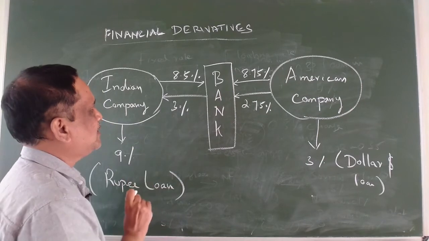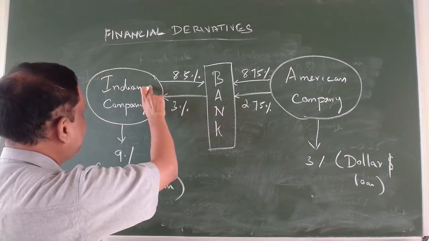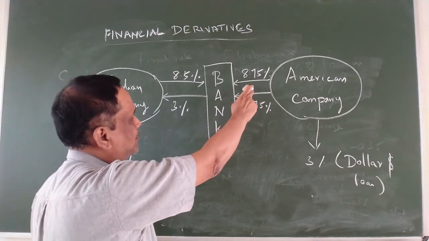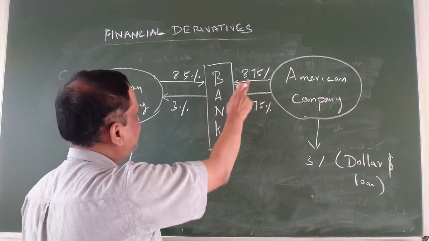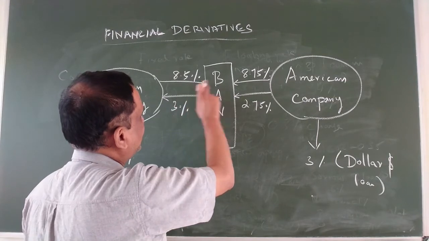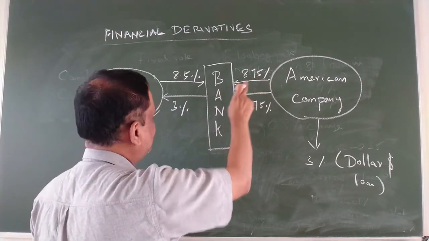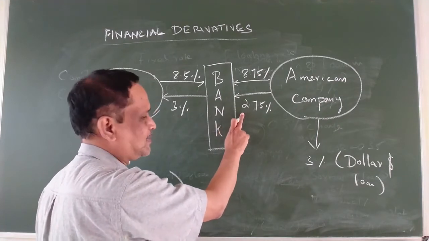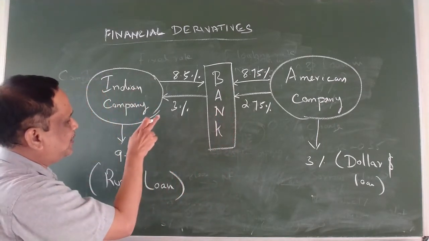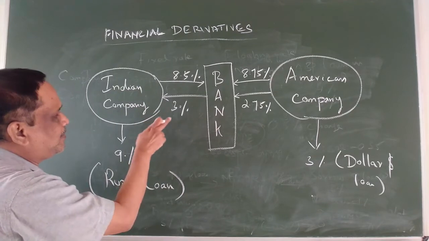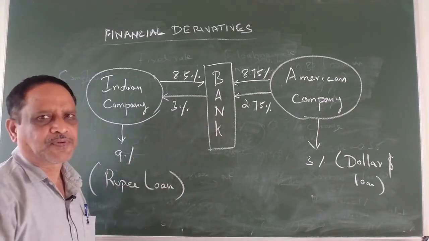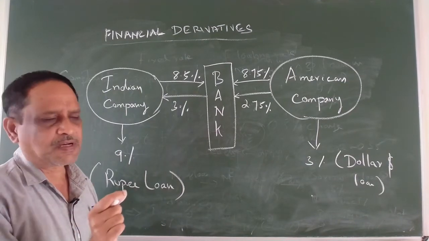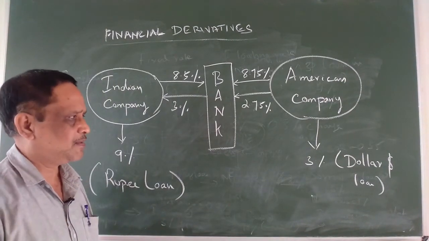See, in the case of the bank, they are taking the rupee loan at 8.5 percentage and lending it to the American company at 8.75 percentage. Here they gain 0.25 percentage, and in the dollar loan they get it at 2.75 percentage and lend it to the Indian company at 3 percentage, again 0.25 percentage. So the total gain for the bank, or their commission, is 0.5 percentage.